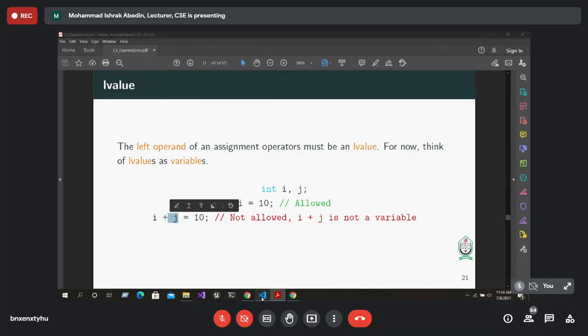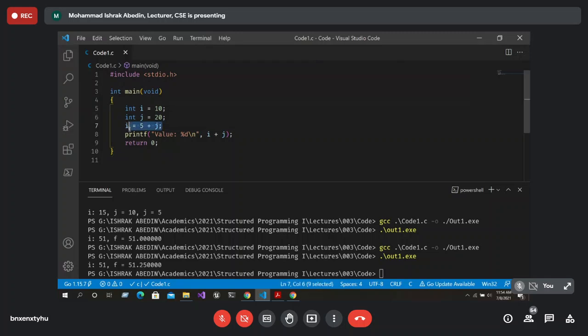Why? Because if I write something like i + j = 20, what is happening? Plus has more precedence than the assignment operator, so this one will be evaluated first.